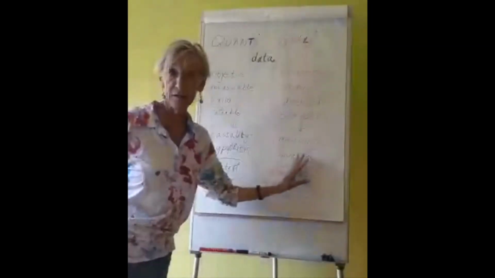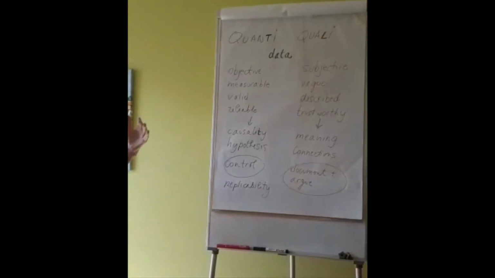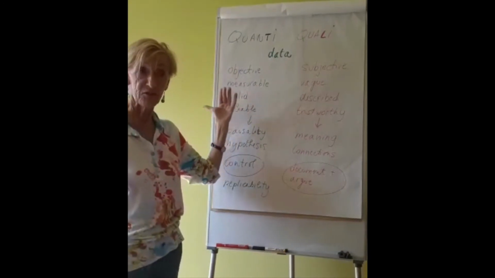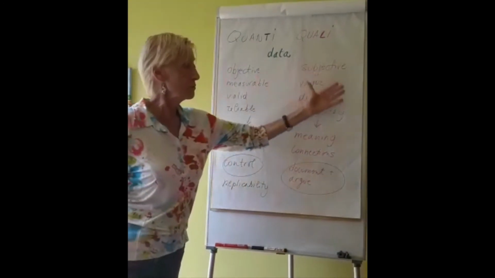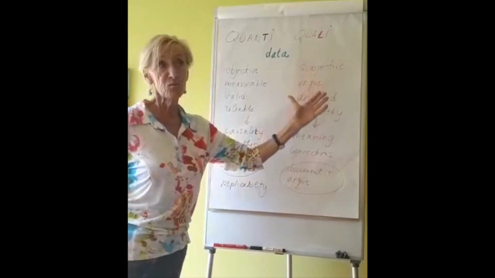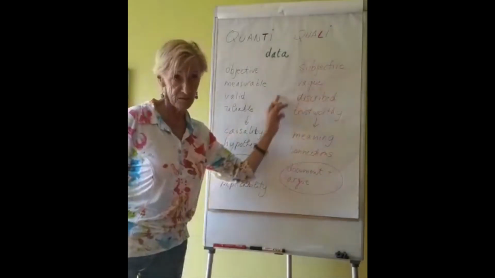This is totally different in qualitative research, because there you will not deal with variables that you can measure. You will deal with phenomena that are more vague and that you will be describing rather than measuring.